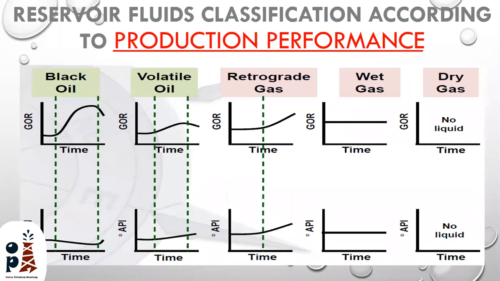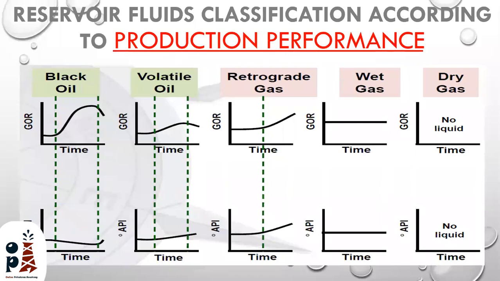Also, the EBI declines gently with time of production. For volatile oil, the GOR increases when the pressure declines below the bubble point, and the significant differentiator between the black oil and the volatile oil is the EBI. The EBI for volatile oil reservoirs increases with time.